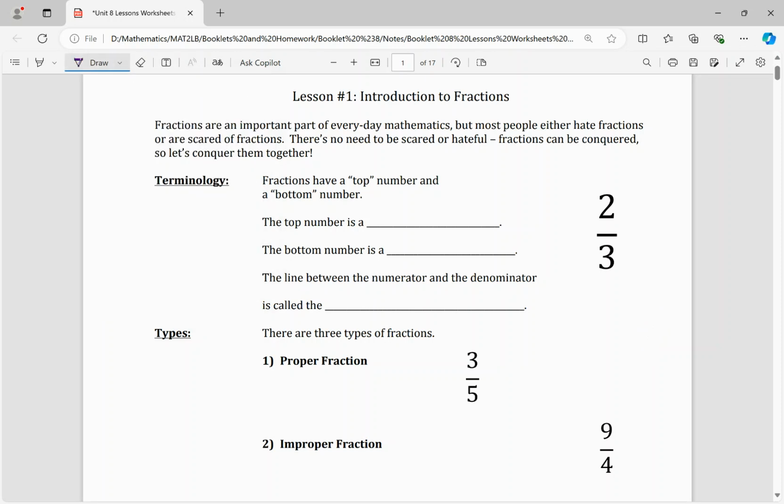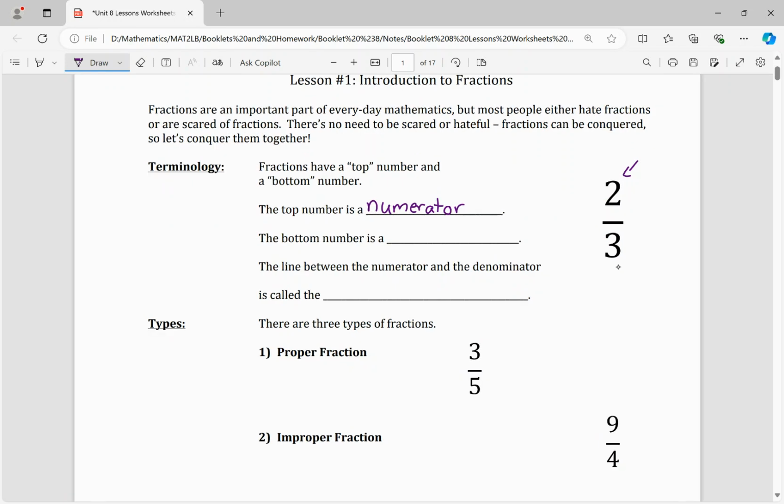So let's get some terminology out of the way. In a fraction, you have the top number, which is a 2, and the bottom number, which is a 3. We call the top number a numerator, and we call the bottom number a denominator.